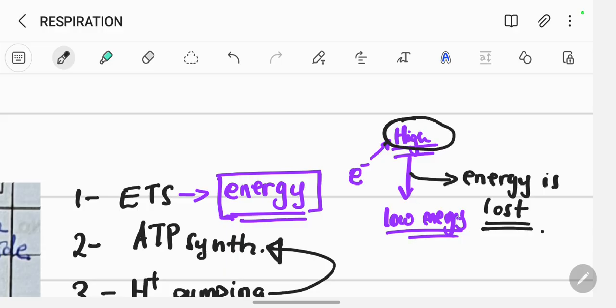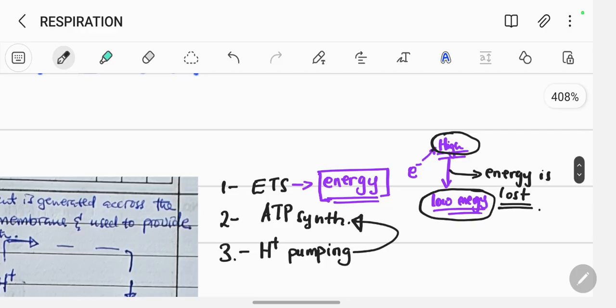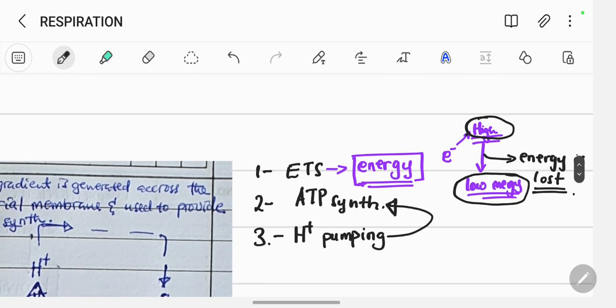Then as they come back to lower energy levels, there is energy they give off. In our biological systems, this energy is not just lost. We have to tap that energy and use it in a useful process, such as pumping of hydrogens.